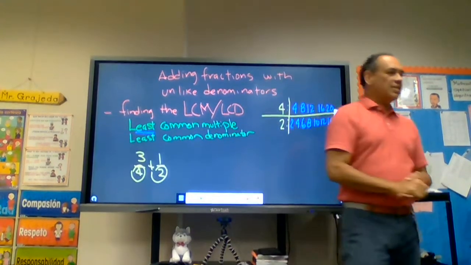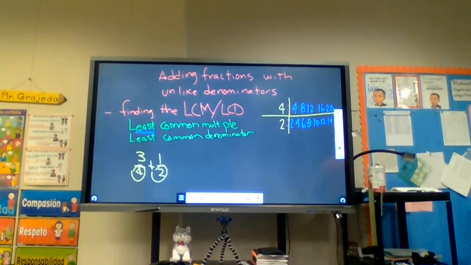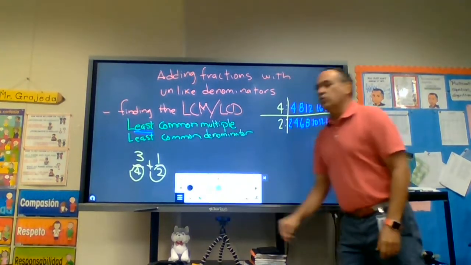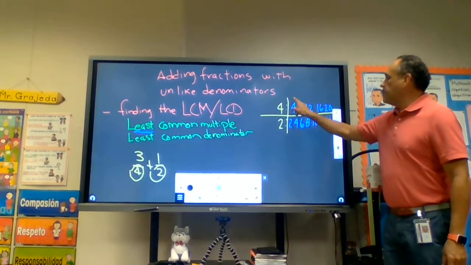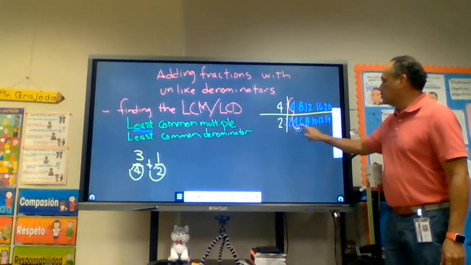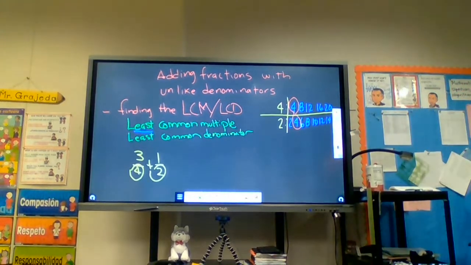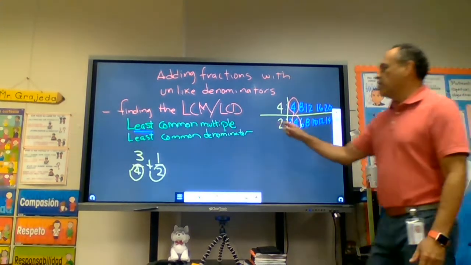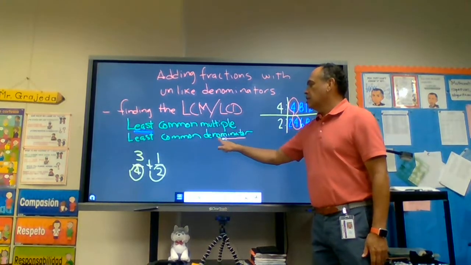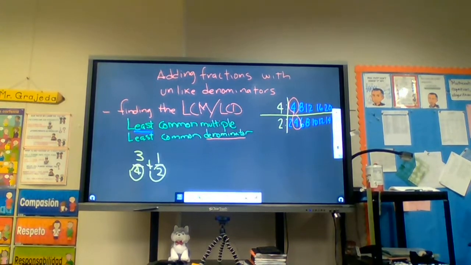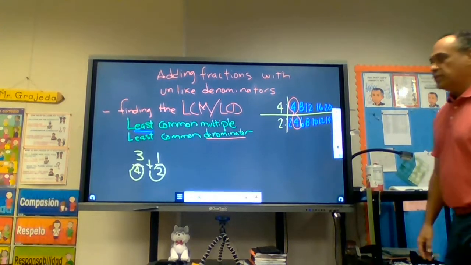The least common multiple right here is going to be 4. And guess what? The least common multiple is my new common denominator.